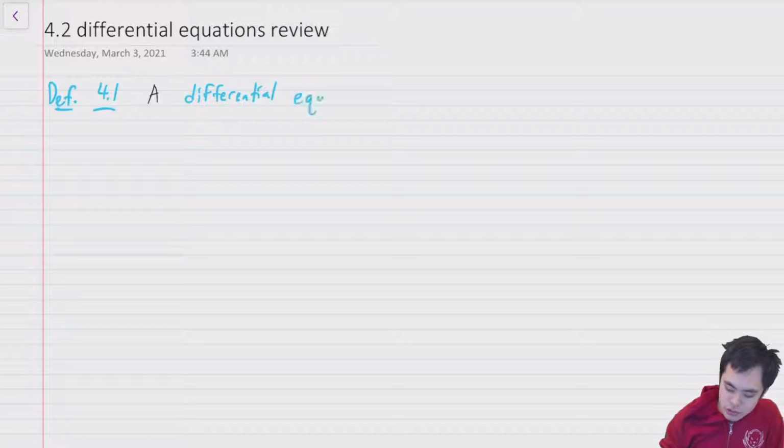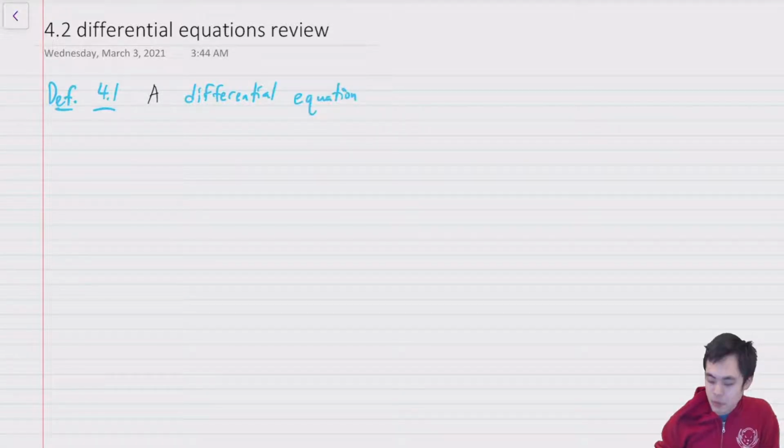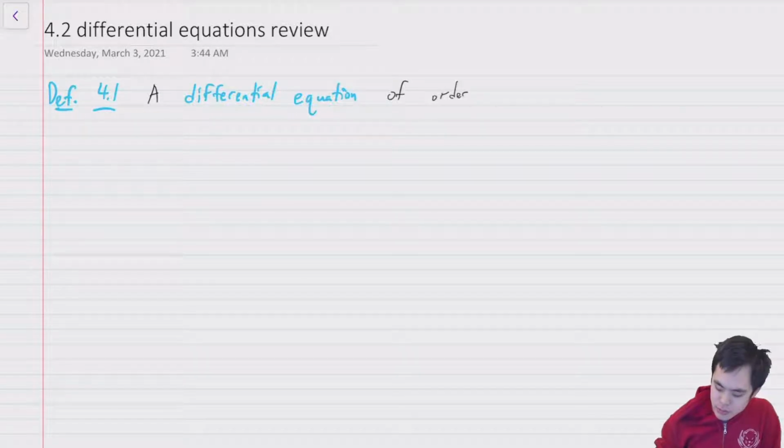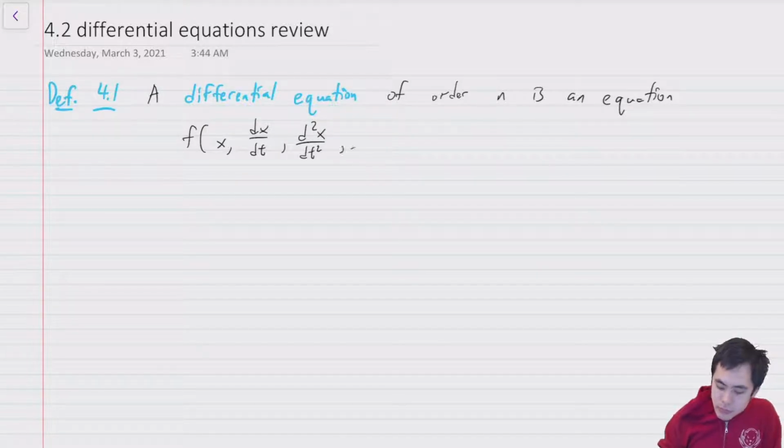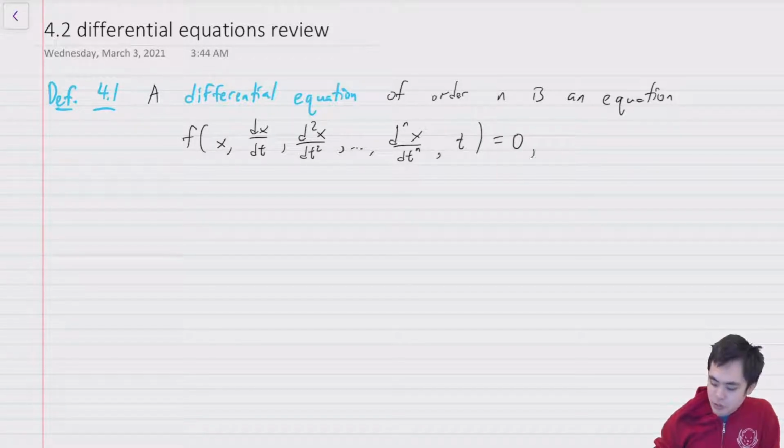So a differential equation of order n is an equation, let's write it as f of x, the first derivative with respect to t, the second derivative, and so on, all the way through the nth derivative, which is why this is of order n. d to the n x over dt to the n, as well as possibly dependent on t, is equal to 0, where x is a function of t.